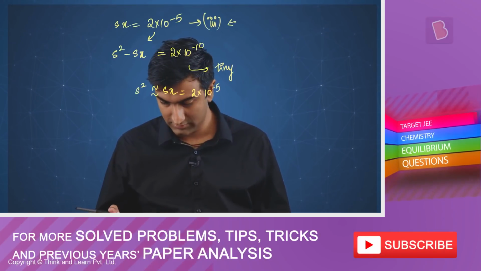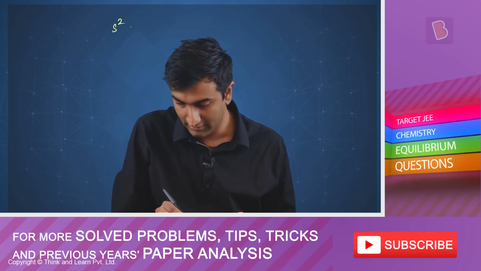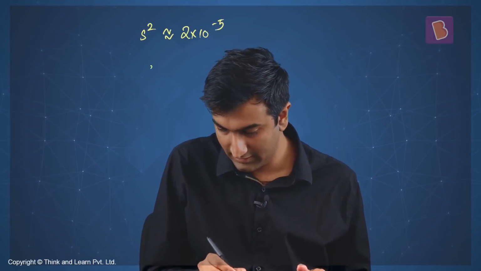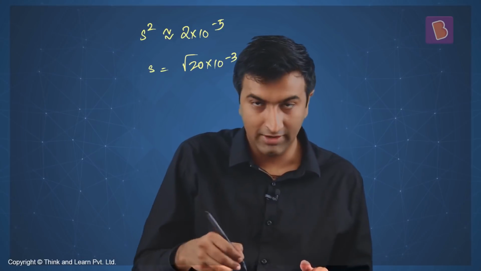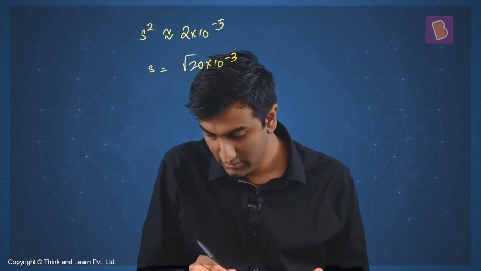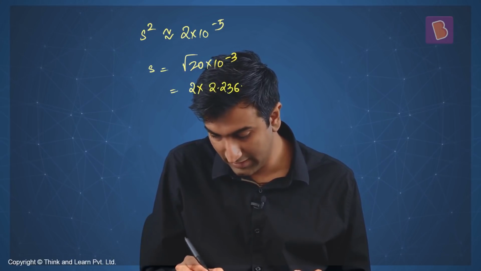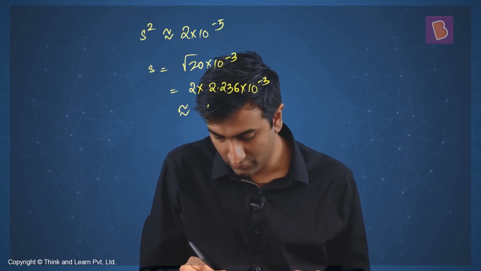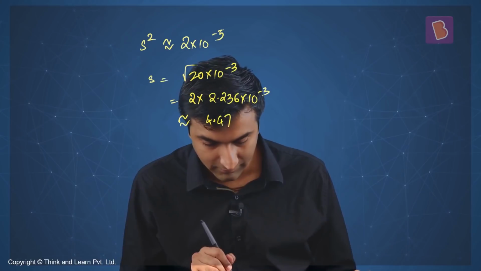From here on, just substitute. So if S square is almost equal to 20 times 10 power minus 6, you get that S is going to be root 20 times 10 power minus 3, right? I'm just putting 10 inside it so that our root thing is easier. This is 2 into root 5, which is 2.236 times 10 power minus 3, approximately equal to 4.47, which is my answer right here.